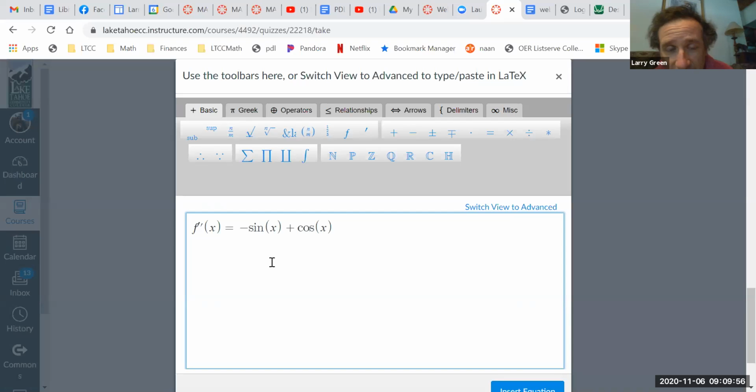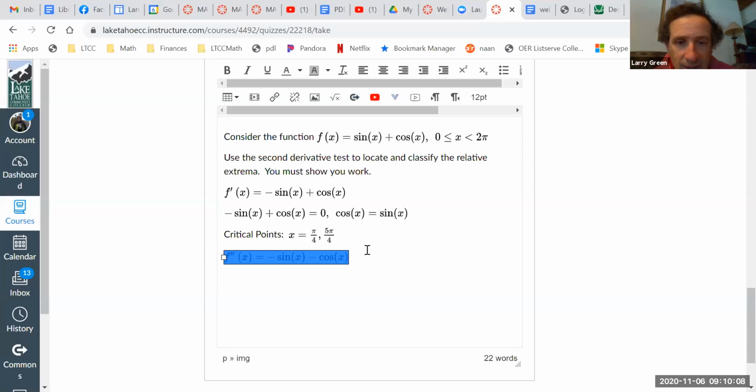Negative cosine x. And what's the derivative of cosine x? Negative sine x. So we just get negative sine of x minus cosine x. All right, so we're using the second derivative test, which means we need to plug in pi over 4, and we need to plug in 5 pi over 4.